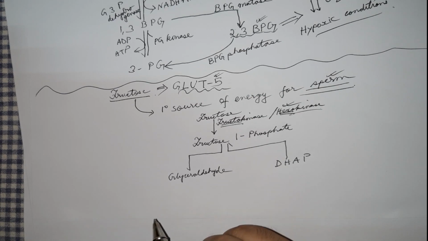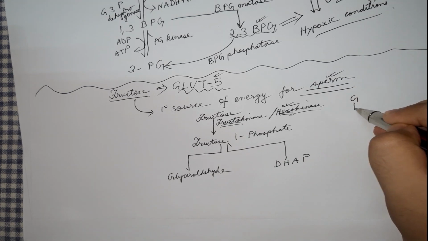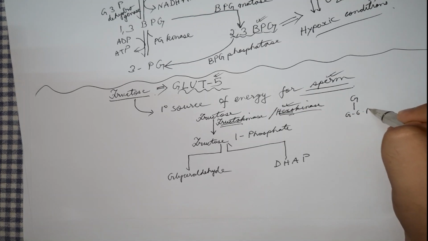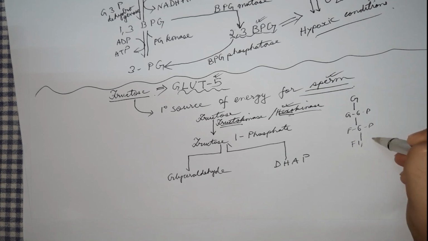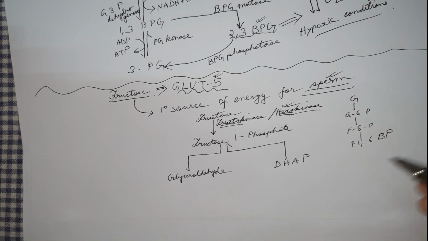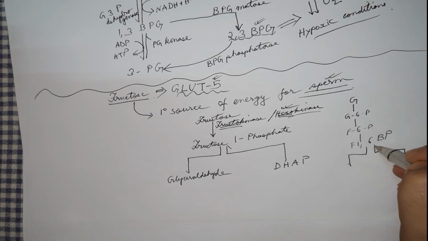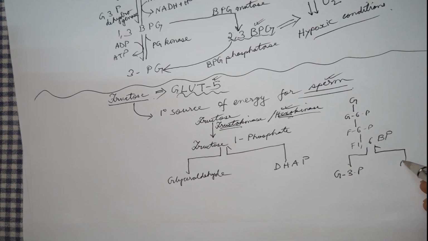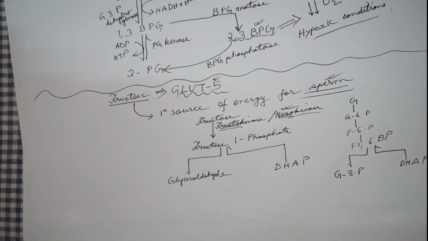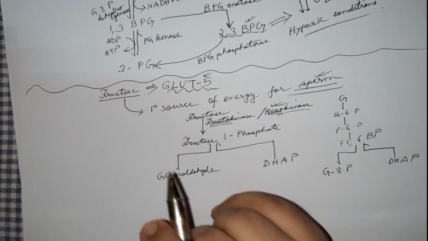If you remember glucose metabolism, from glucose 6-phosphate we formed fructose 6-phosphate, then fructose 1,6-bisphosphate, and then we split it, and we got glyceraldehyde 3-phosphate and dihydroxyacetone phosphate. So there is some similarity between these two, but the difference is there too.